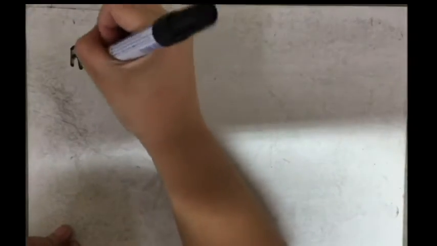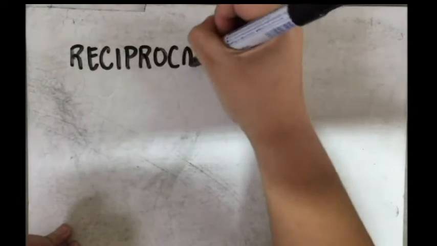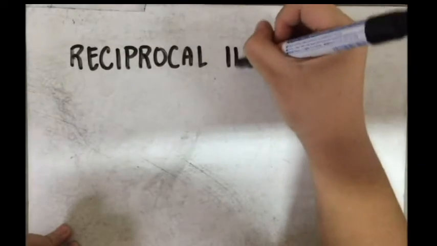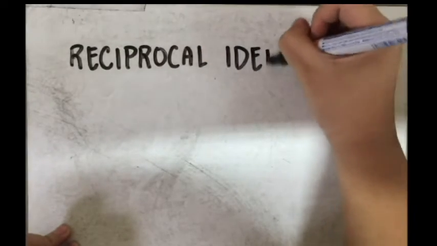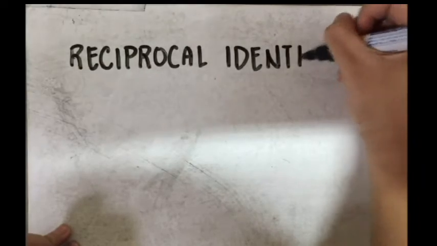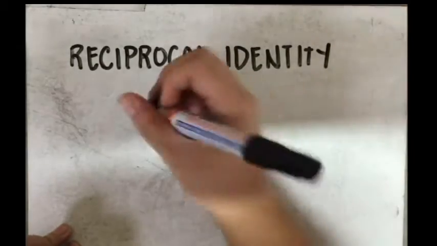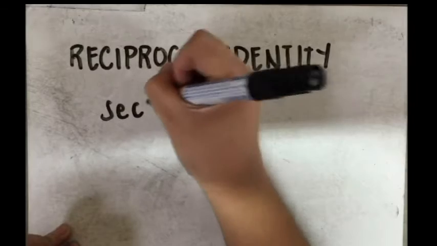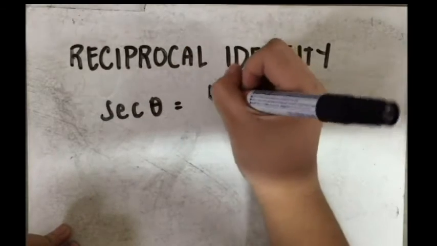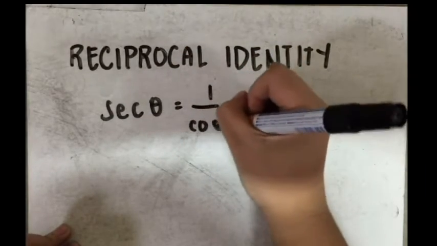In this number, we can use the reciprocal identity, which is secant theta is equal to 1 over cos theta.